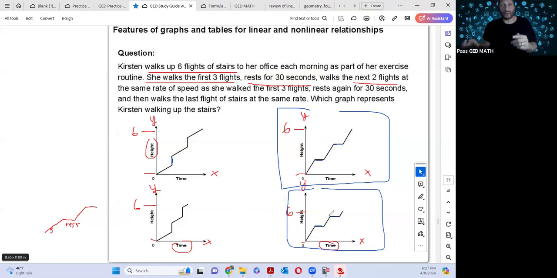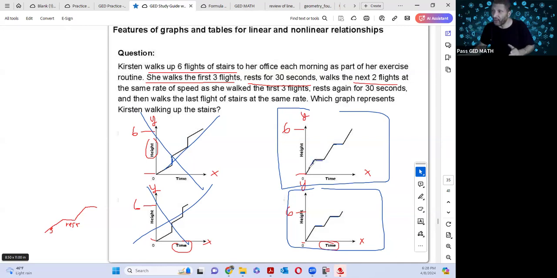A student that I helped today said, Mr. Tinsley, how do I know which graph it is? I understand the rest. The person understood that these 2 couldn't be the answer, but he couldn't tell which one is the answer. But this is what you have to remember. He walked up 3, he walked up 2, he walked up 1.